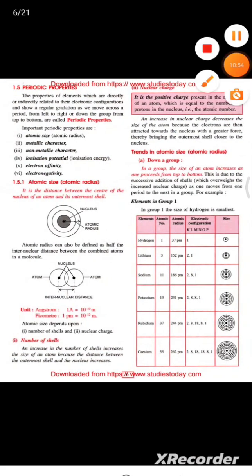The same down a group: ionization potential is decreasing, electron affinity is decreasing, and electronegativity is decreasing. So if you remember any one, ultimately the other two you are remembering automatically. So remember the variation of ionization potential, electron affinity and electronegativity is the same.